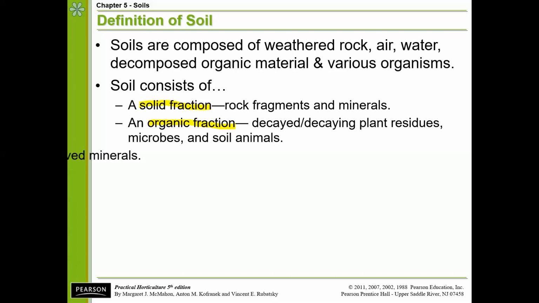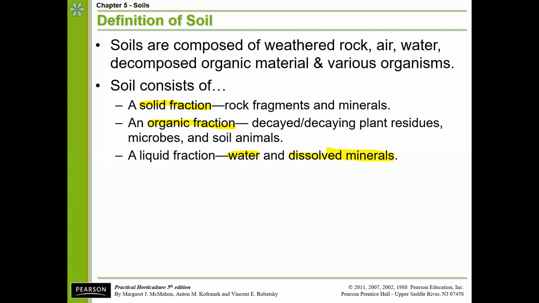The other half of soil is a mix of water, and water, as it moves through soil, contains a lot of these dissolved minerals that become plant nutrients. And there's also air in the soil. And so we think of almost like a soil atmosphere. It's very important for there to be a good balance of water and air in the soil.